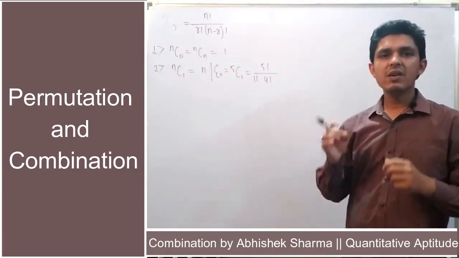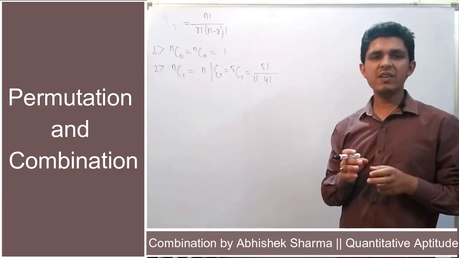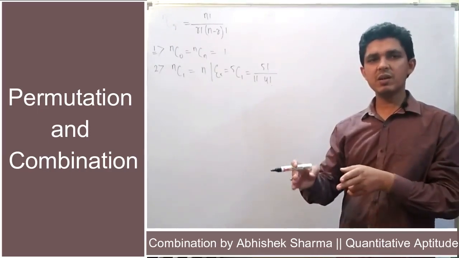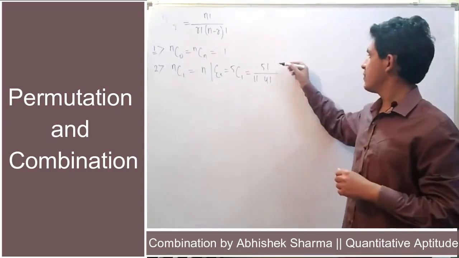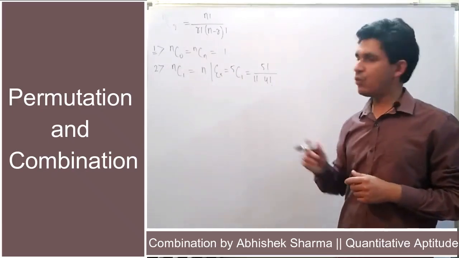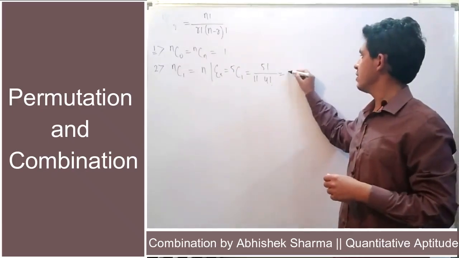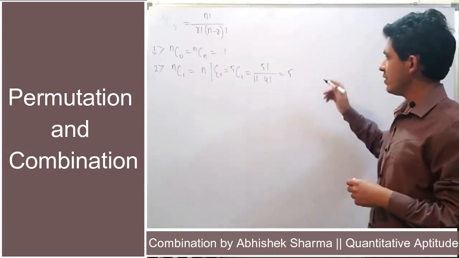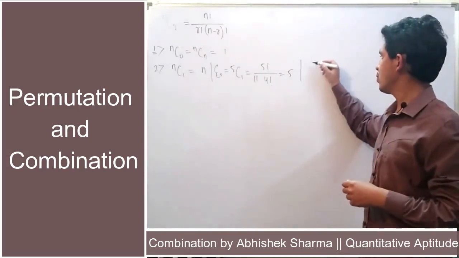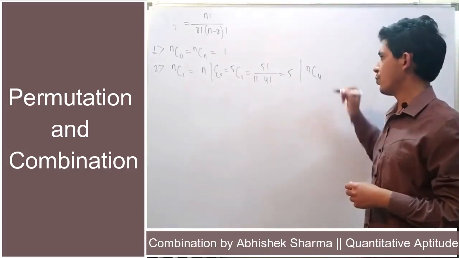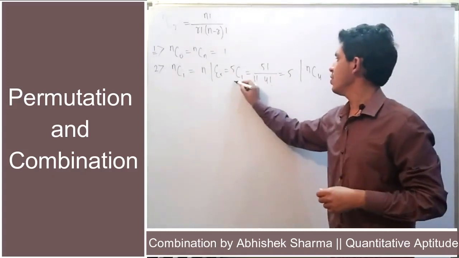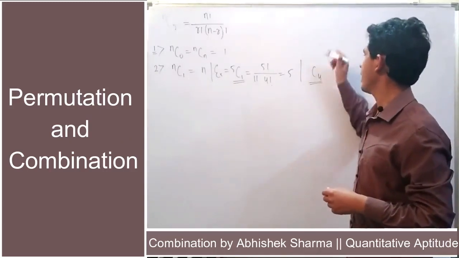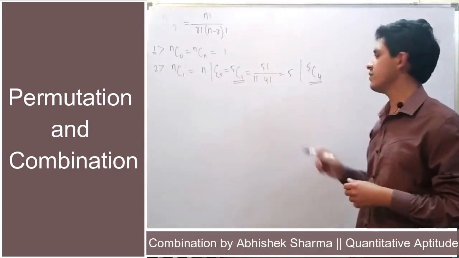If we open 5 factorial, it is 5 multiplied by 4 multiplied by 3 multiplied by 2 multiplied by 1, which comes to 5 multiplied by factorial 4, and the value will be 5. This NC1 can also be written as NC(N-1), because the value of 5C1 is equal to 5C4.